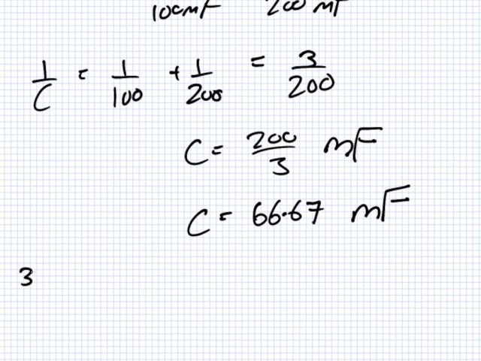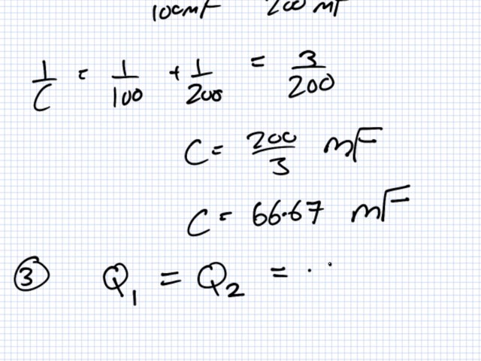Part 3. Q1 and Q2. What's the charge? Yeah, we know that Q1 equals Q2, and the formula for Q is CV. So not as easy now, because what do you use for the C? 1 over 16. Oh, okay. 66.6. Well, there's two problems.